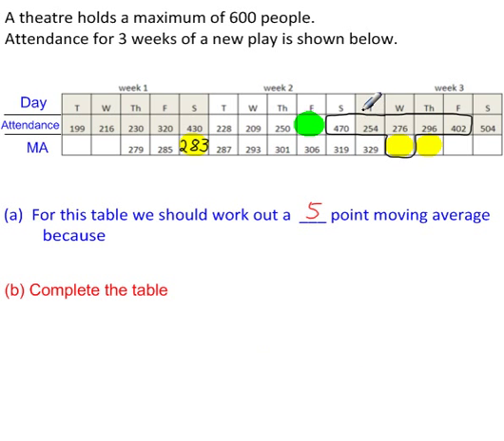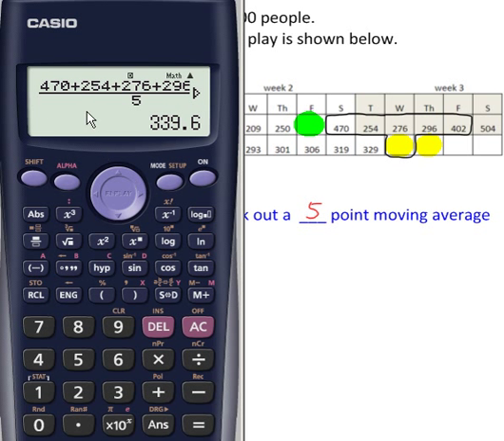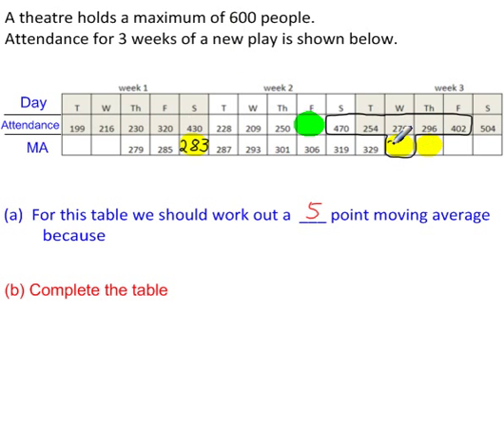And if we do the same for this moving average value here, we take 5 values from above, 1, 2, 3, 4, 5, and the moving average being in the center of these 5, adding them together, dividing by 5, 340. So this value here, 340.